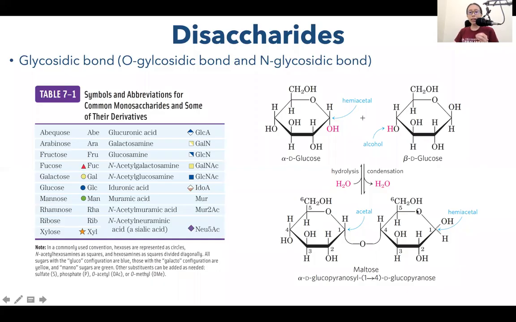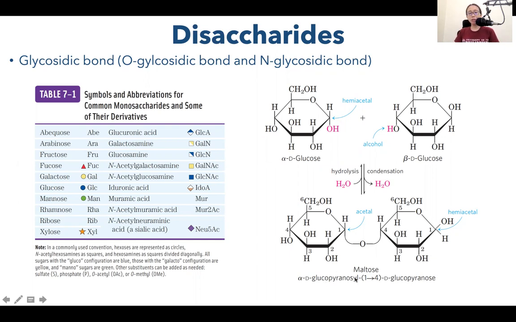And then we indicate, since we are now in the second unit, whether it is in a different anomer. If it is beta, then you should put there beta. But sometimes, if they are the same alpha anomers, there's no need to place the alpha. And then you put whether it is the D or the L isomer, and then the name of the monosaccharide.